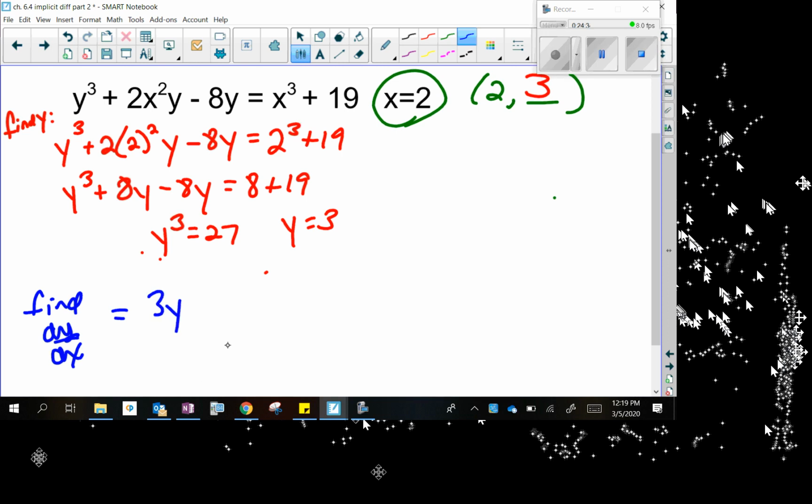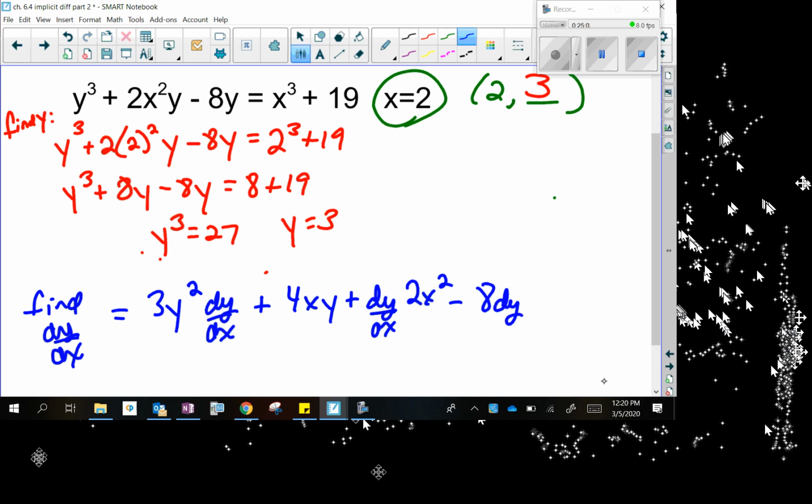So 3y squared dy/dx, plus, somebody tell me what goes right here. 4xy, plus 2x squared dy/dx. Very good. And then minus 8 dy/dx equals 3x squared.